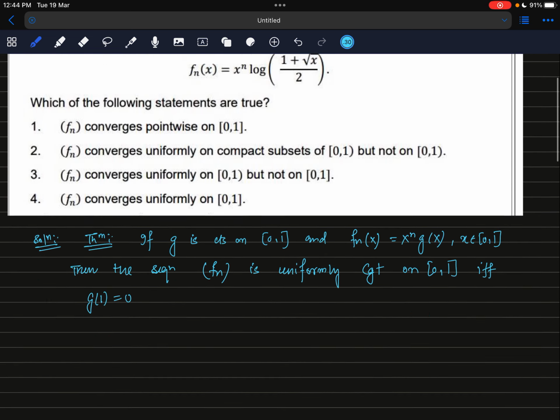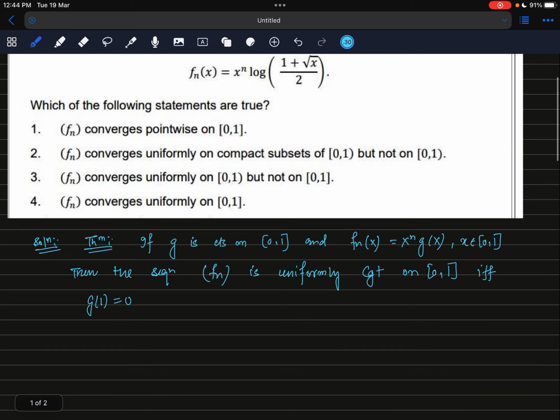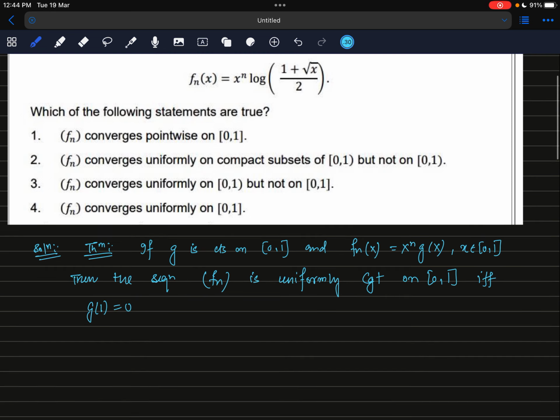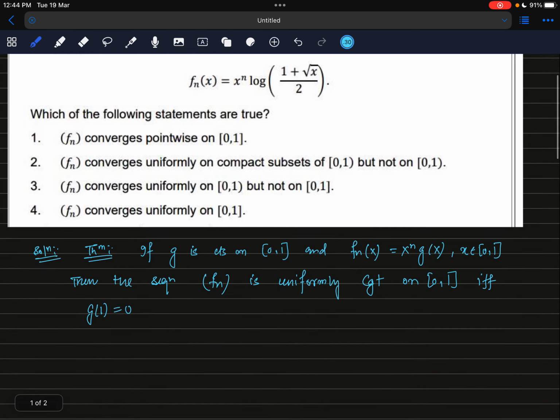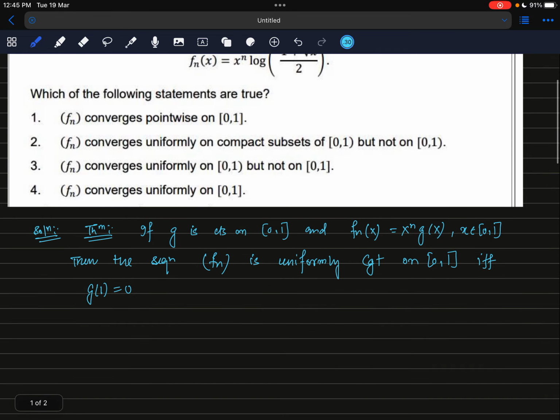So by using this theorem we can directly say that f_n converges uniformly on this interval.